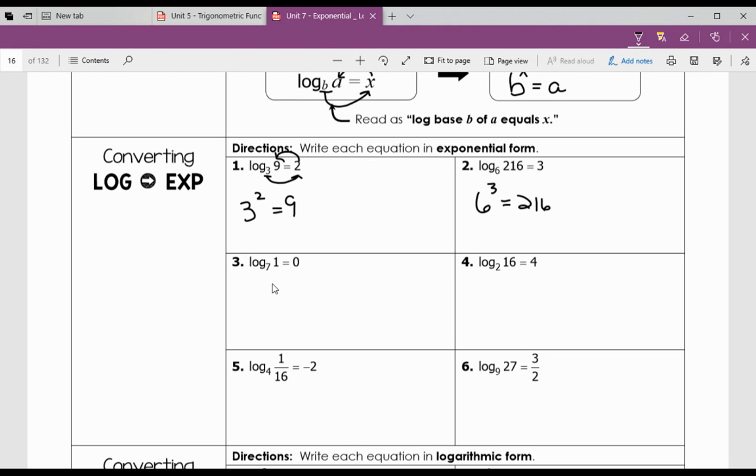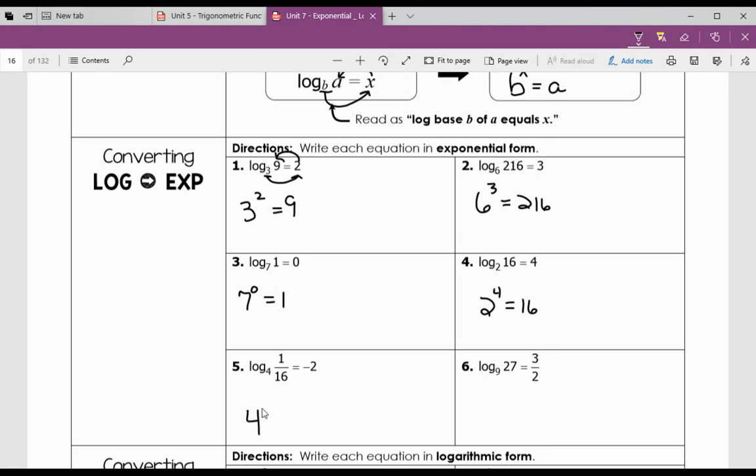All right. Number 3, 7 to the 0 power equals 1. What about number 4? 2 to the 4th equals 16. What about number 5? Start with your base.